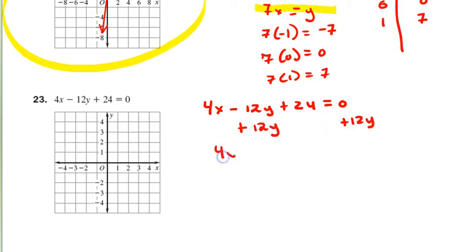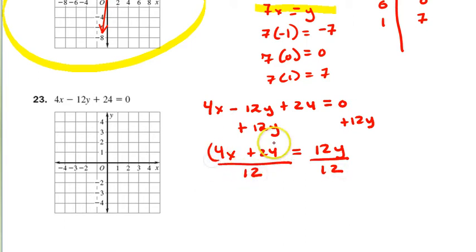And I get 4x plus 24 equals 12y. Now, is this in function form yet? No, it's not, because I have 12y here, and I need to get rid of that 12. So I'm going to divide both sides by 12.